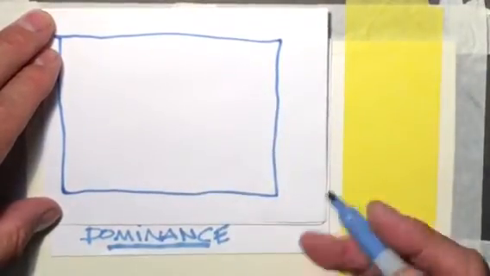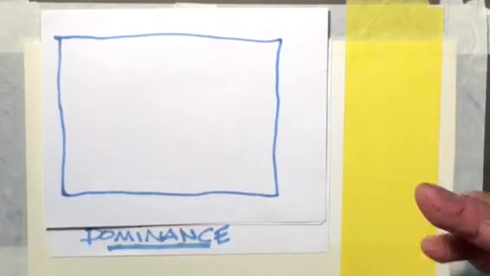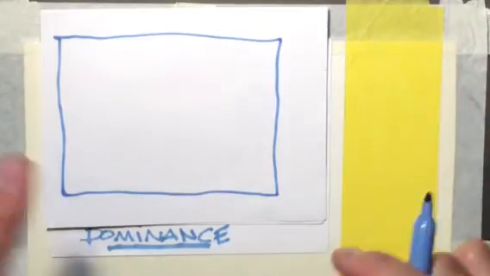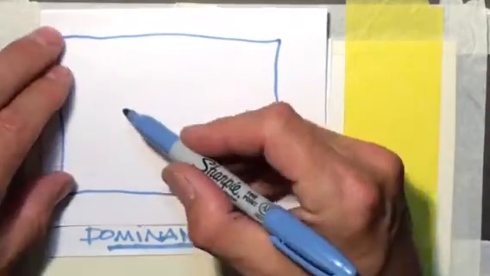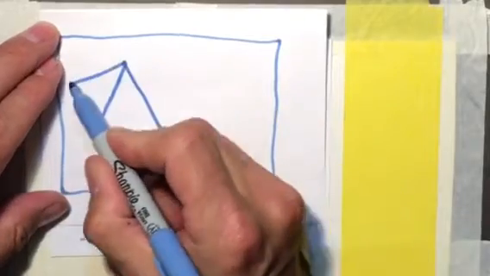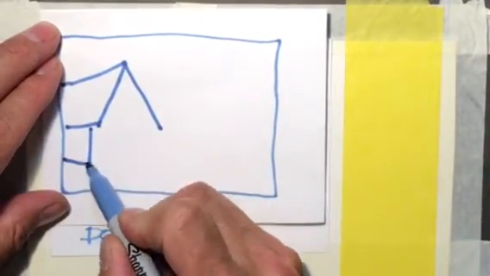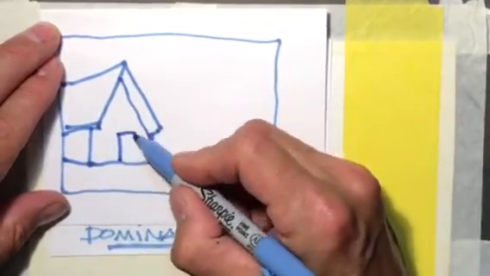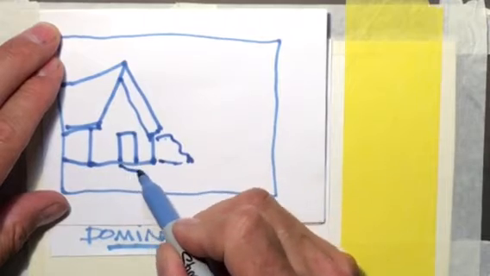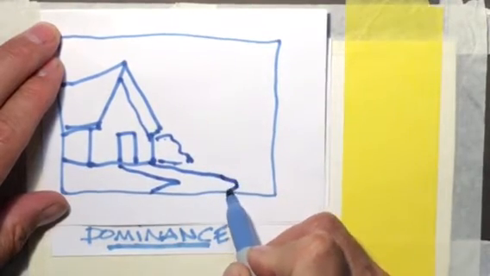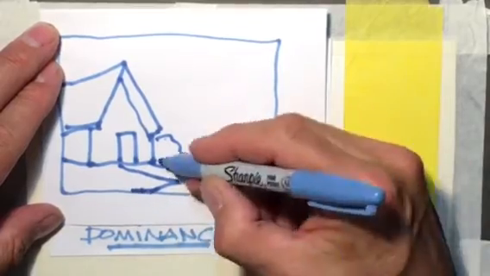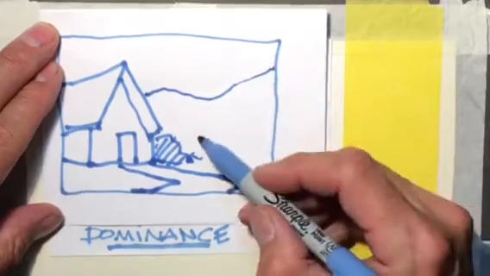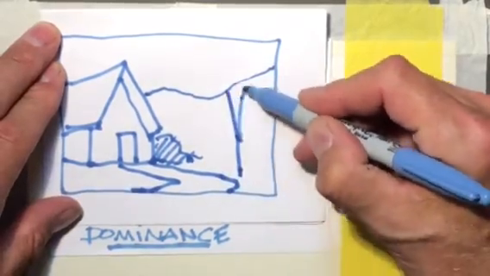To use dominance, we could say, let's make this a very bold, powerful, dominant painting where we're not going to be questioning what's the most dominant feature of the painting. We're going to say that cabin is. So we're going to make a big cabin like that. Maybe a road leading to it, some bushes here, maybe a mountain in the background, and maybe another tree here.